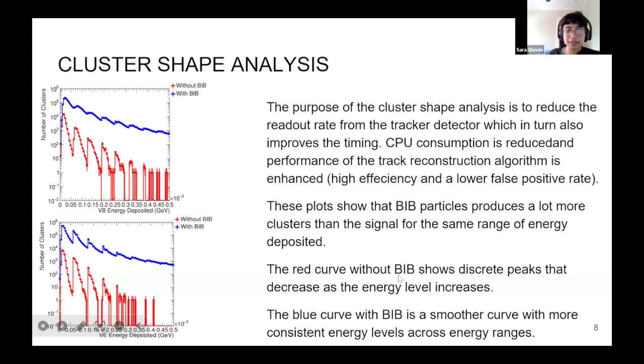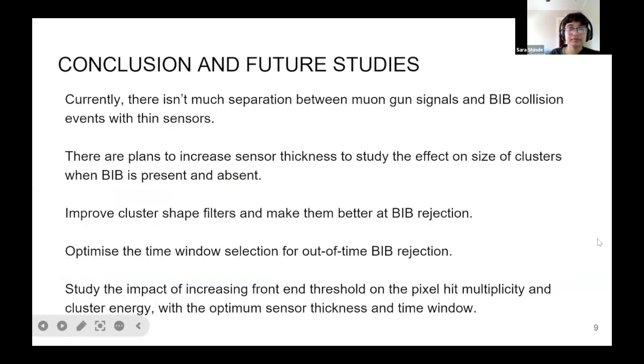The red curve without BIB shows discrete peaks that decrease as the energy level increases, and the blue curve with BIB is a smoother curve with more consistent energy levels across energy ranges. The plot on the top shows the vertical barrel detector, and the one on the bottom shows the vertical end cap detector.